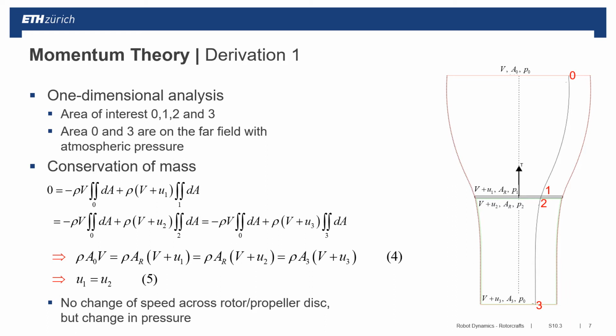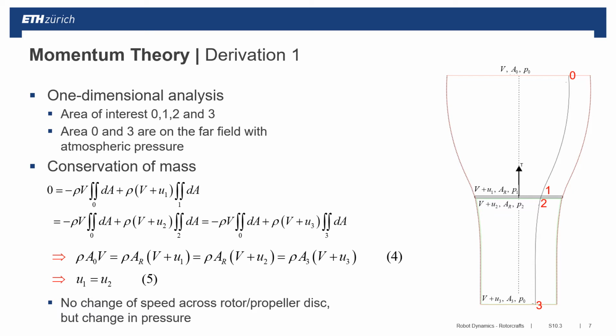This is shown in equation 4, where the integral is directly the multiplication with the surface, if we assume, as defined before, that the flow field is constant over the whole surface.